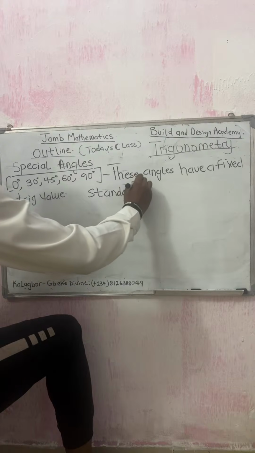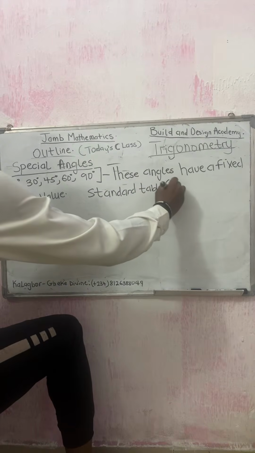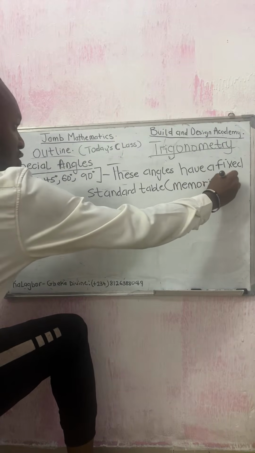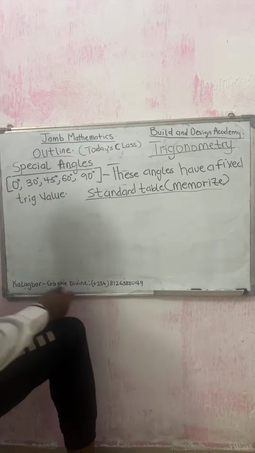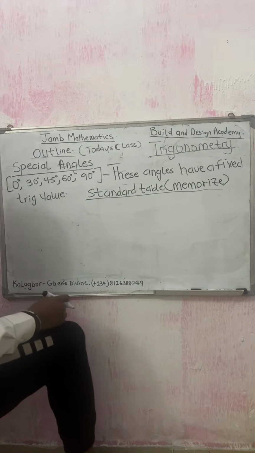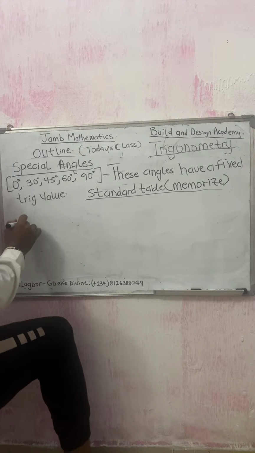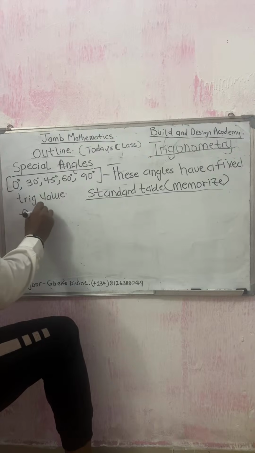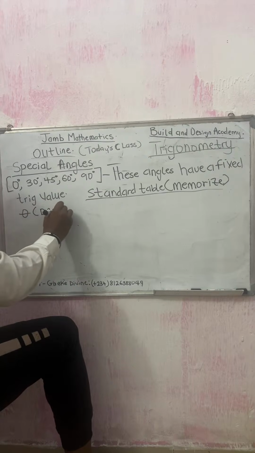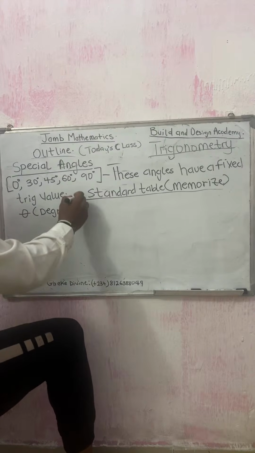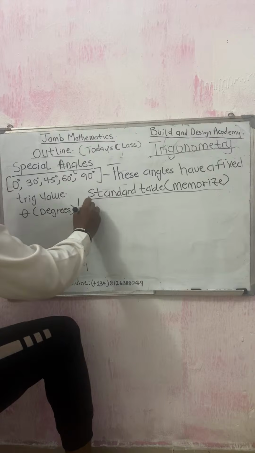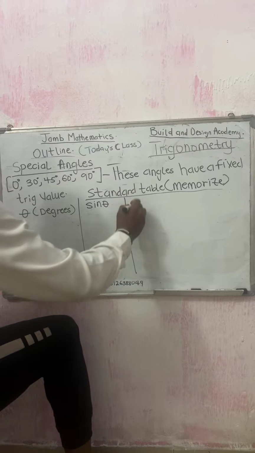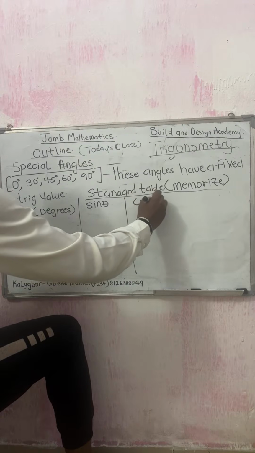Standard table. Please memorize this. This is our standard table. For the standard table, we have degrees, we have sine theta, we have cos theta.